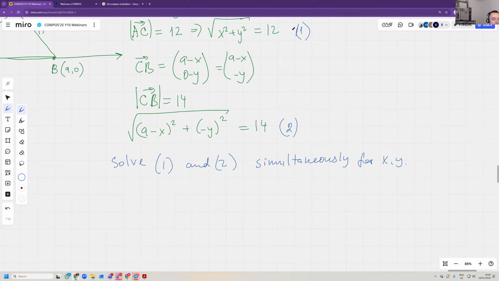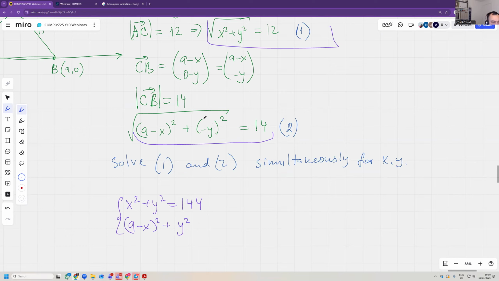All right, so we square both sides, of course. For the first equation, we square both sides, and for the second, same. So x squared plus y squared equals 144. And the second equation is 9 minus x squared plus y squared. We can ignore the minus because it's squared, equals 196.